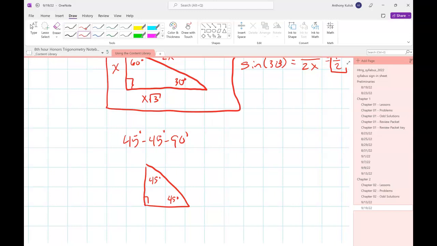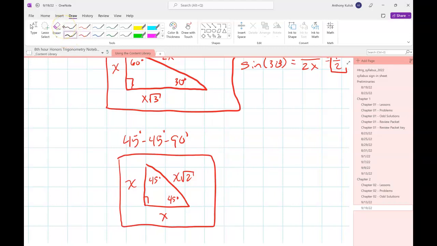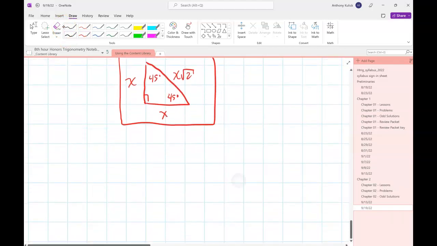This is easier because it's an isosceles triangle also, so two of the side lengths are the same. The legs are x, and the hypotenuse is x root 2. Is that another good one to remember? Yup.